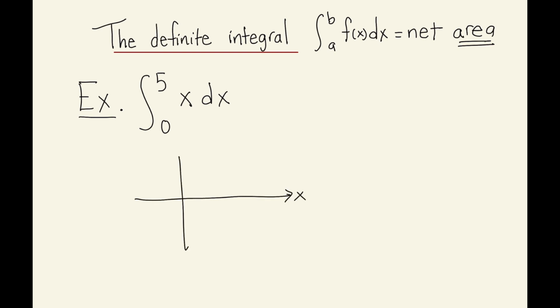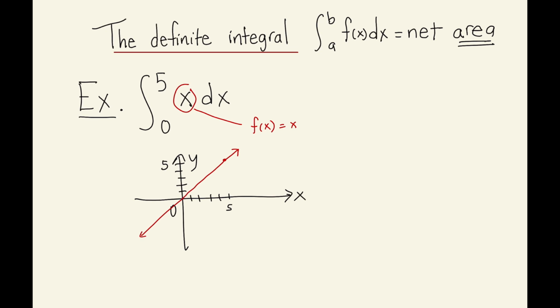Here's my x-axis, my y-axis. Okay, and here is the line. So my function here is f of x equal to x. That's just a line through the origin with slope 1.